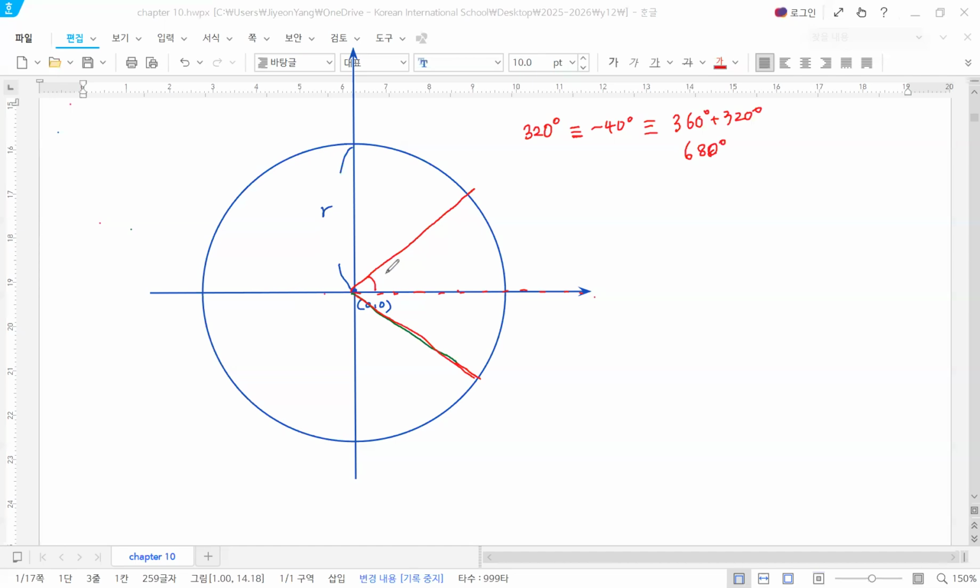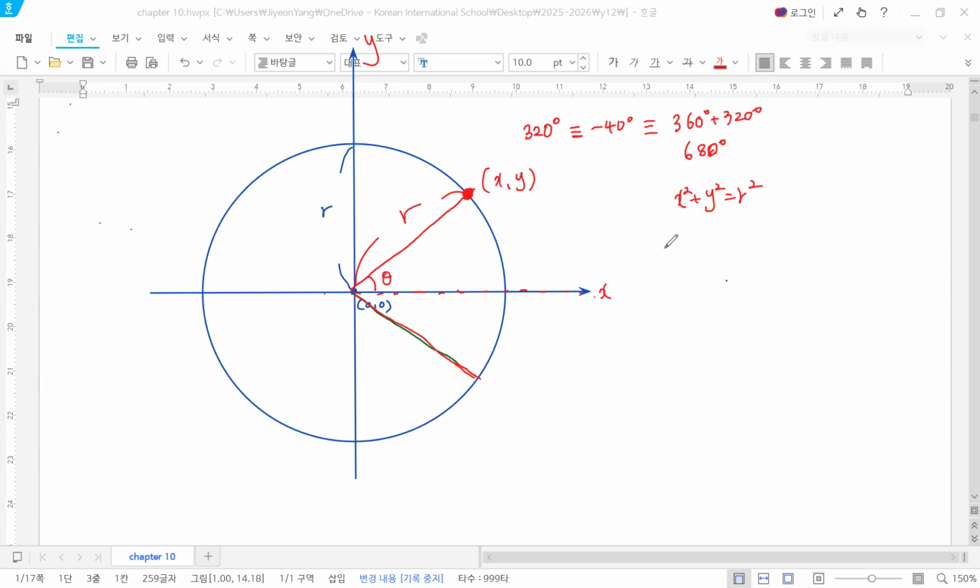Let's see, this is theta, then this is r. Since this is a Cartesian plane, you can find the coordinate of this point. Let's define this coordinate as x comma y. Considering that x comma y is on the circle, it should satisfy the circle equation, which is x squared plus y squared equals r squared. Let's bring back your memory.